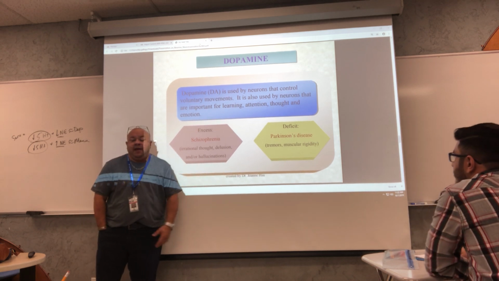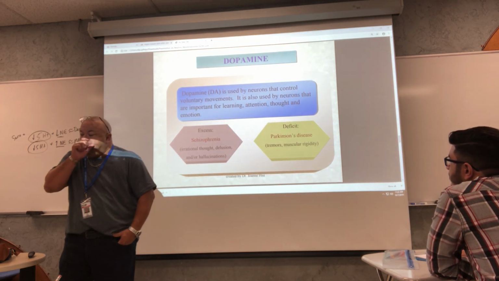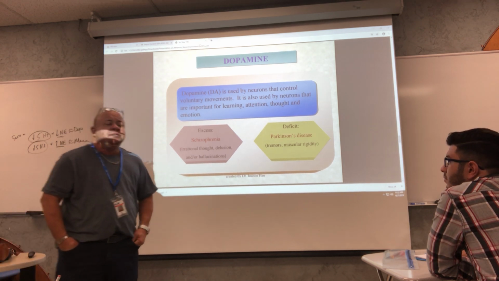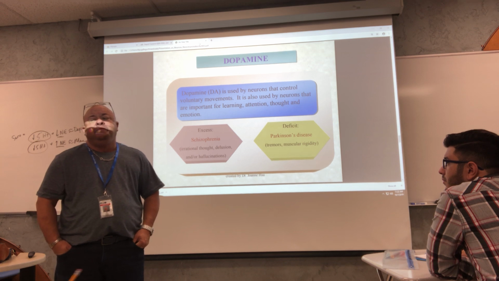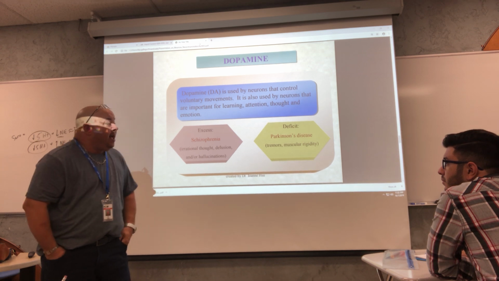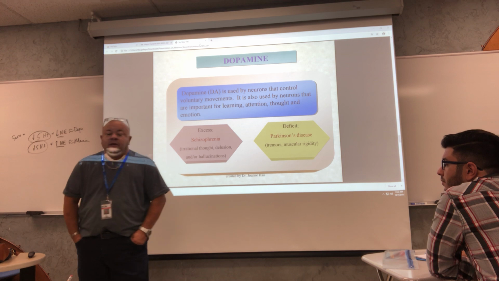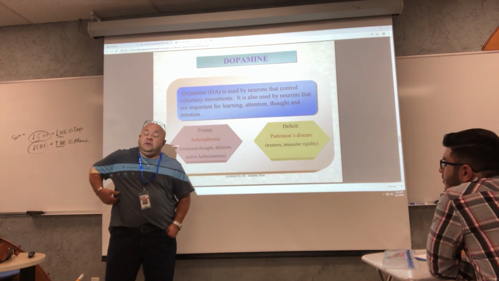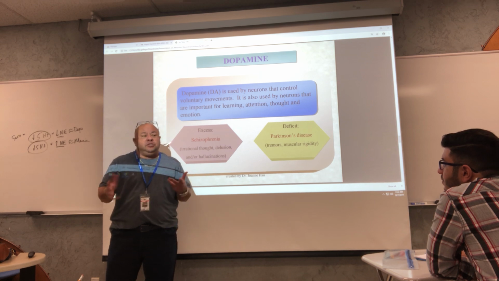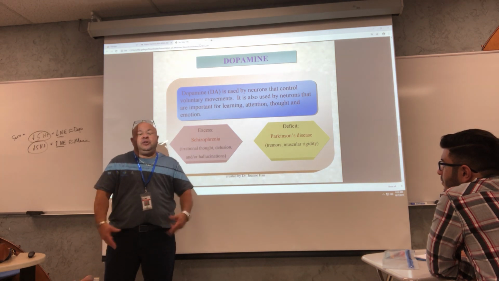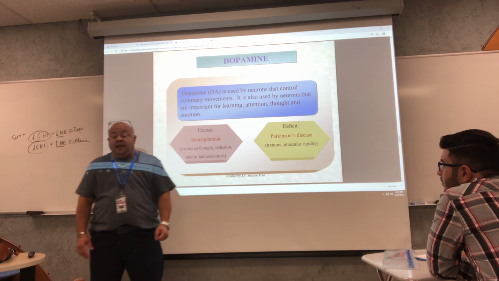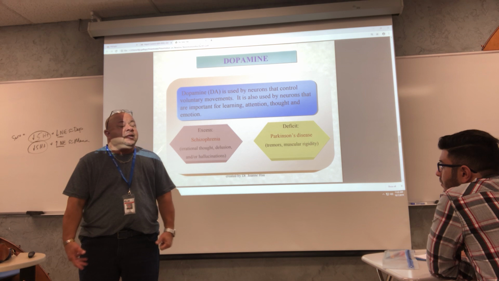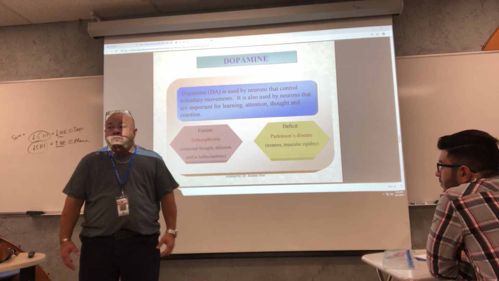So let's start with the deficit in Parkinson's. Like Alzheimer's, Parkinson's is a physical illness. And what happens here is that you don't have enough dopamine, and you start seeing tremors and involuntary jerky movements, and then eventually that leads to muscle stiffness and an inability to move.